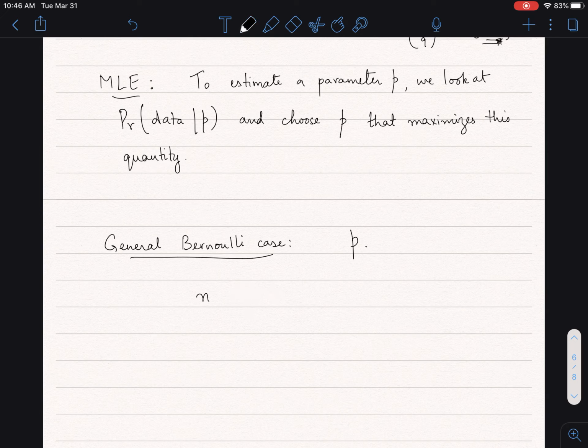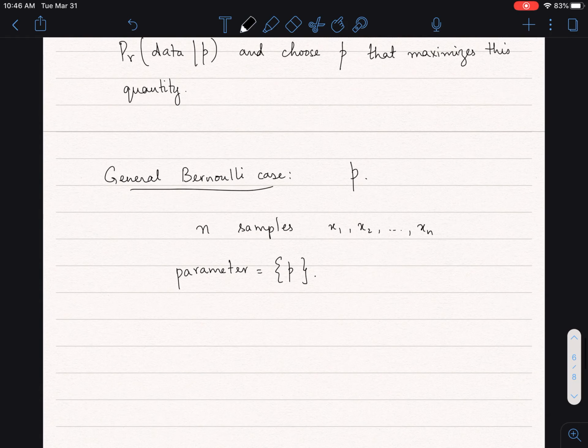Let's say that we have n samples from this Bernoulli, and let's call them x1, x2 up to xn as before. The parameter that we'd like to estimate is p. So this is just a set containing p. I want to emphasize the fact that there is only one parameter that you're estimating.